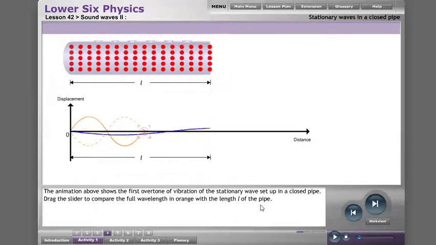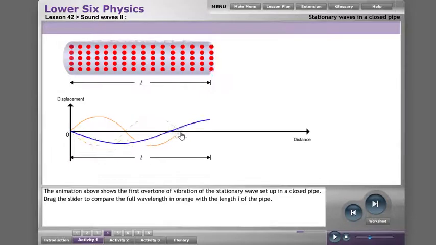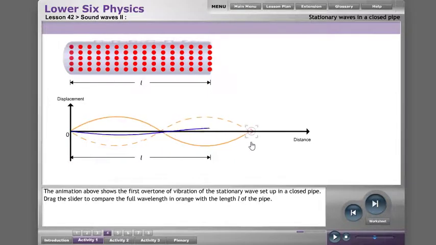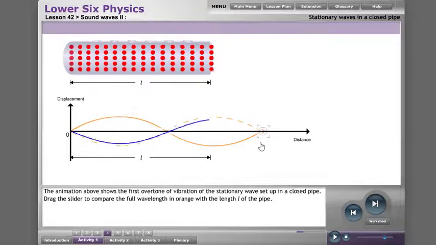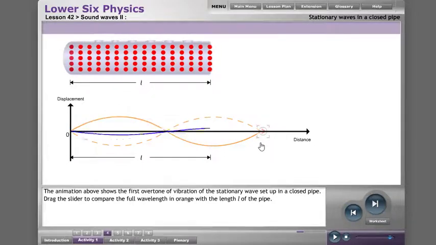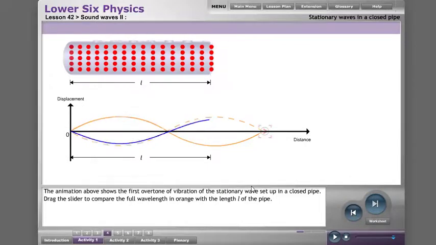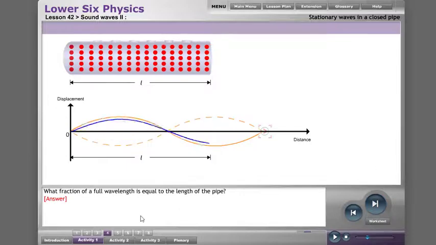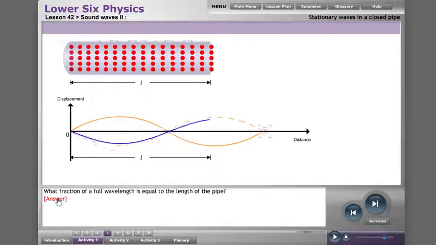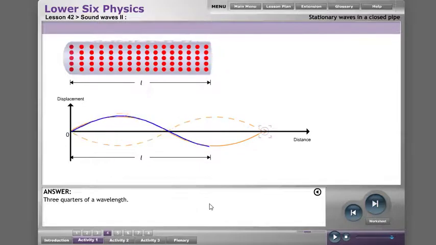The animation above shows the first overtone of vibration of the stationary wave set up in a closed pipe. Drag the slider to compare the full wavelength in orange with the length L of the pipe. What fraction of a full wavelength is equal to the length of the pipe? Answer: 3/4 of a wavelength.